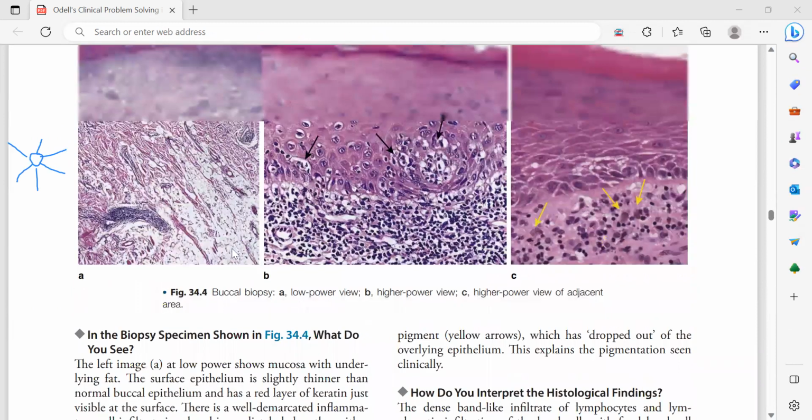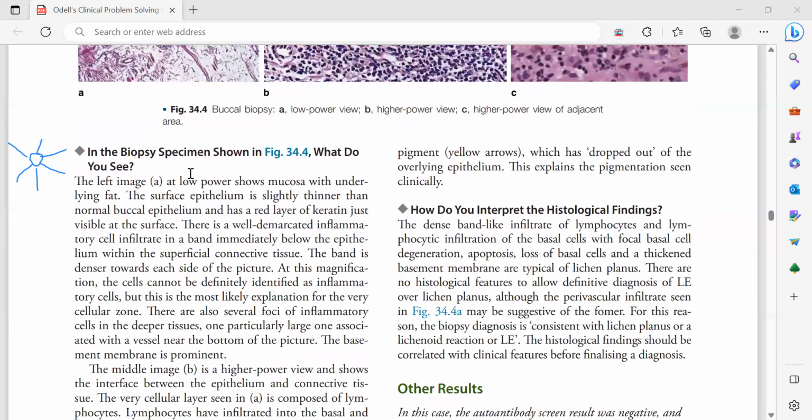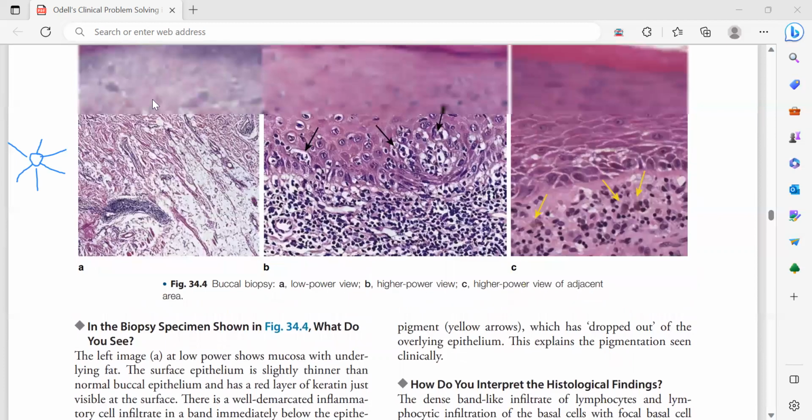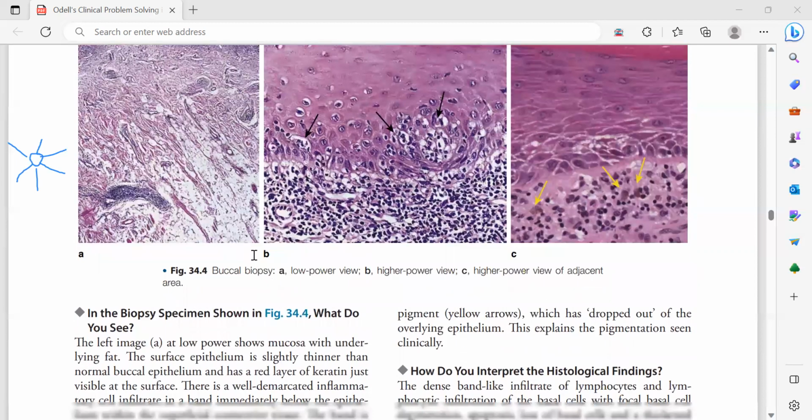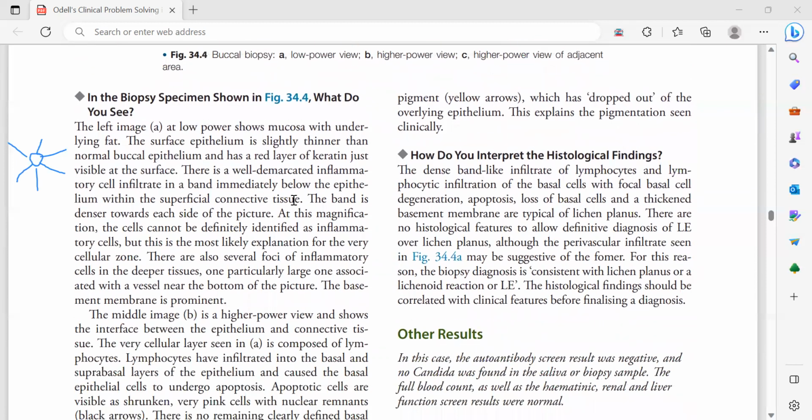Okay, so this is the biopsy sample that they have shown here. This is the lower power view, this is the higher power view, and this is a higher power view of an adjacent area as well. So in the biopsy specimen shown, what do you see? Here they have explained the histological appearances, like the well demarcated inflammatory cell infiltrate, the band.